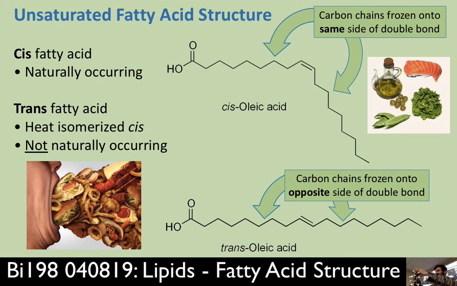I can't spin around this bond. It's fixed, right? So because of that, the double bond itself can be categorized either as a cis or a trans double bond. Cis is one in which the 2 chains are on the same side of the double bond. So if you imagine the double bond is like a plane.